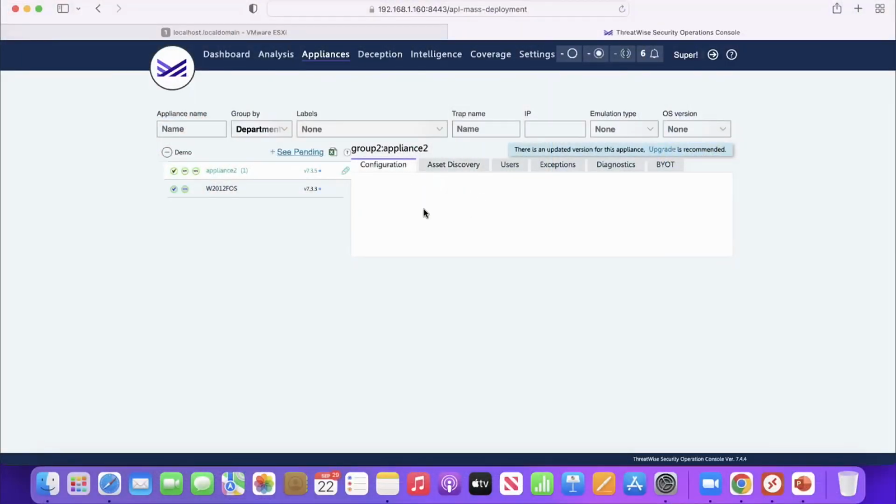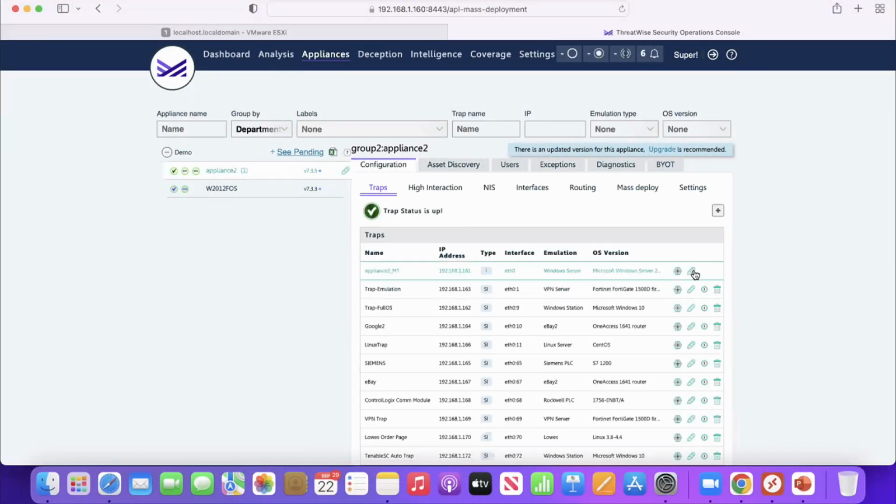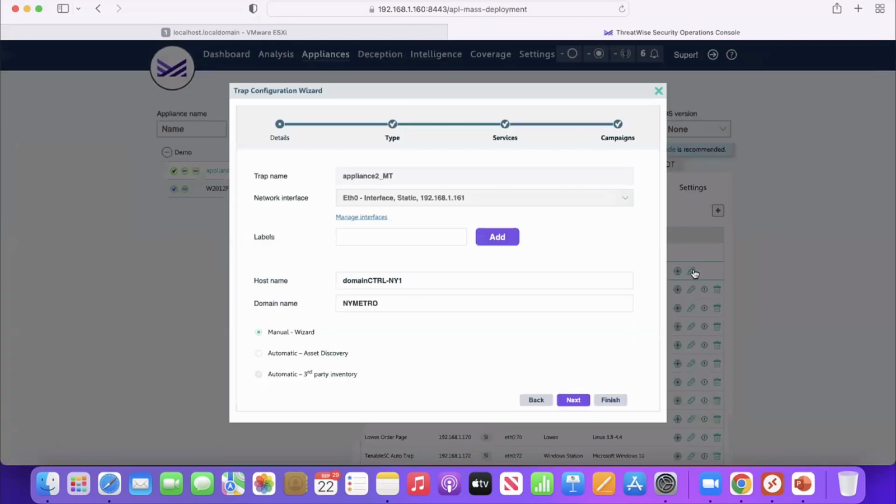If I come over to asset discovery, actually, let me come to the trap type itself. I have 3 options: manually create a trap or auto create a trap. The auto create a trap, the asset discovery, would be based on the results of a scan. So yes. Got it. Okay. And here was the page of the mass deploy.